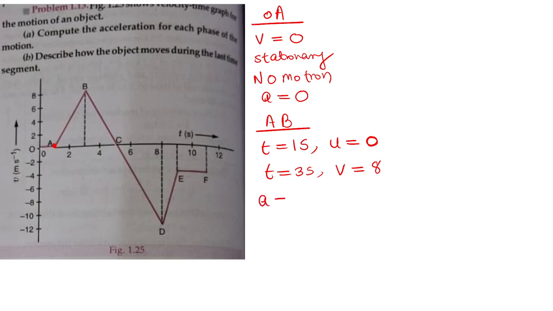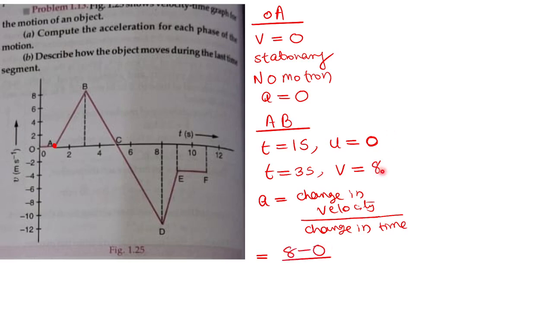Acceleration is change in velocity by change in time, or duration. We studied that in the beginning. You can avoid some steps. Change in velocity will be 8 minus 0, final minus initial.